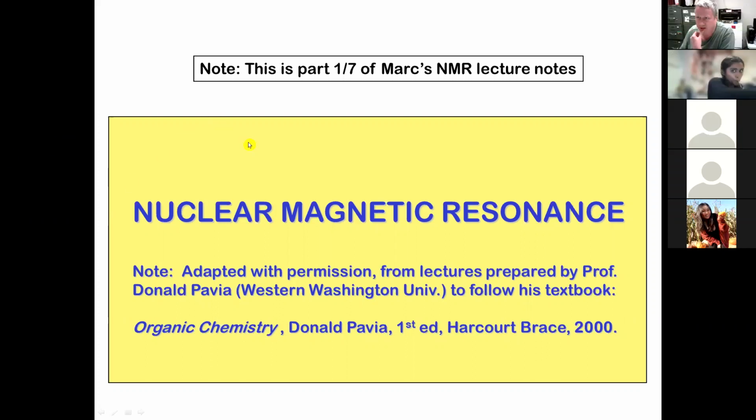All right. So we're into NMR, which is our first new organic 2 stuff. This is chapter 10. I adapted this lecture series from Donald Pavia. He wrote a good textbook, but I asked him for permission, so he allowed me to use these. I've modified these lecture notes a little bit.